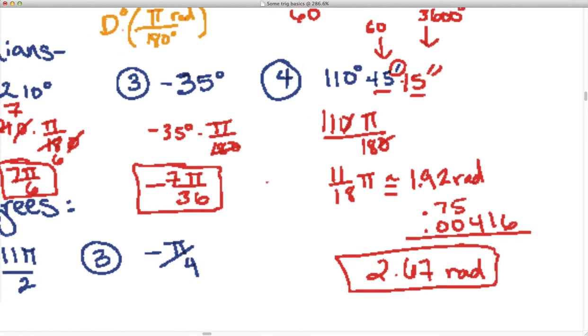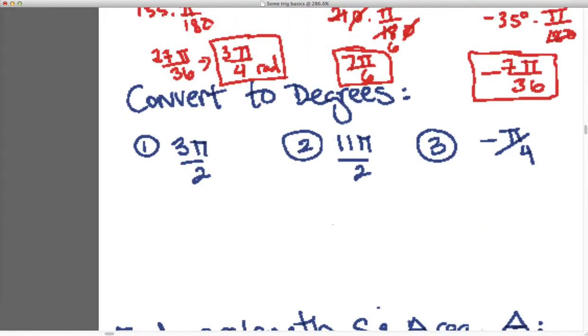Okay, and then the conversions going the other way around, well, we just multiply by 180 over pi so that the pi can cancel out and give us degrees. The radian measures will cancel. This goes in there 90 times, so 3 times 90 is 270 degrees.